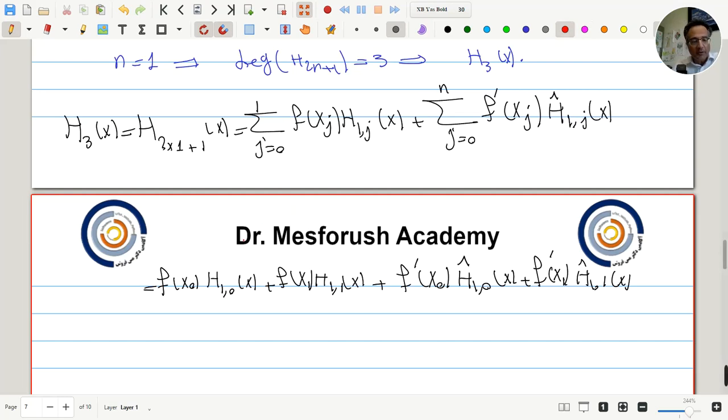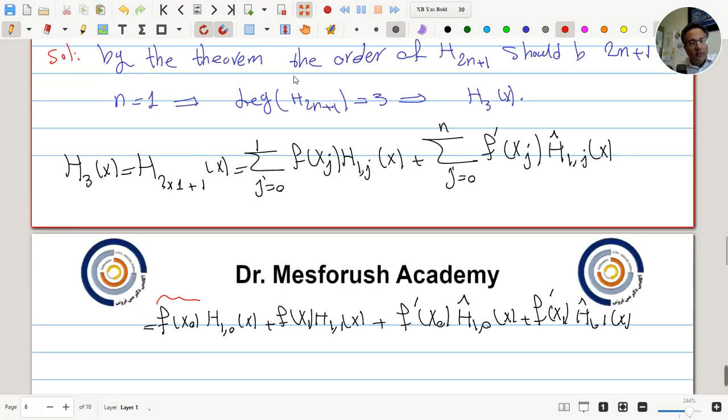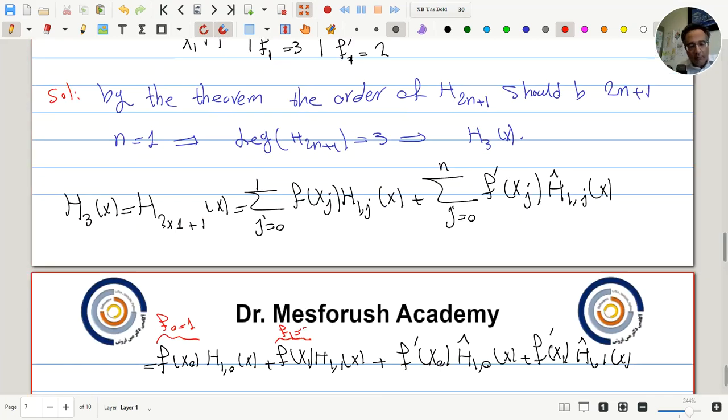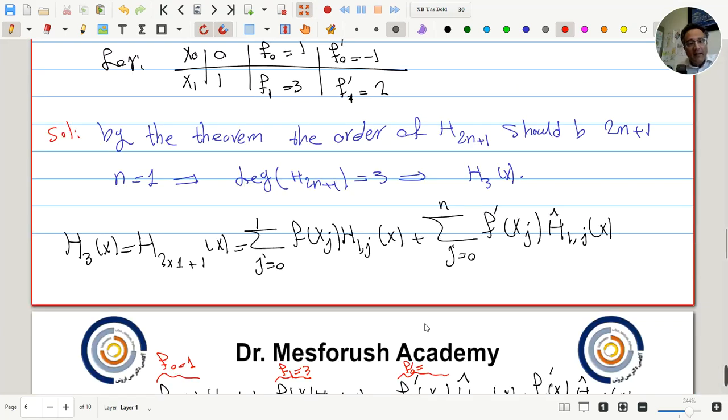Let me continue. Here, we know that f of x0 is f0, and f0 is 1. So it's f0 equal to 1. f of x1 is f1, and this is equal to 3. So let me put it. f prime of x0 is f prime 0, and it's equal to -1. And finally, this one is f prime 1, and it is 2.